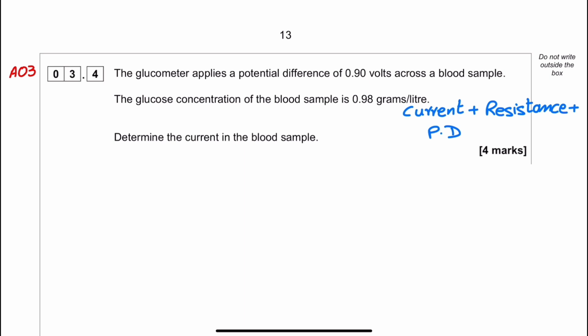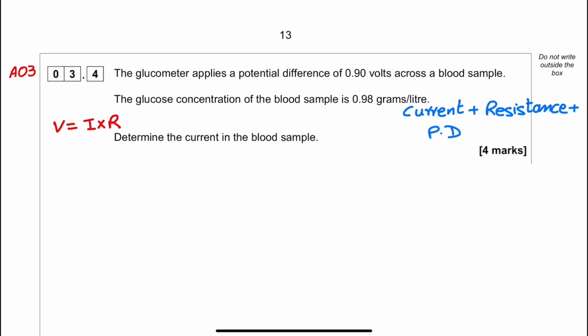We have the potential difference. We need to find the current, but we don't have the resistance. We have the formula V is equal to I times R. We can find the value of I by rearranging V and R, but in the question the value of R is missing. But some key information is given here.